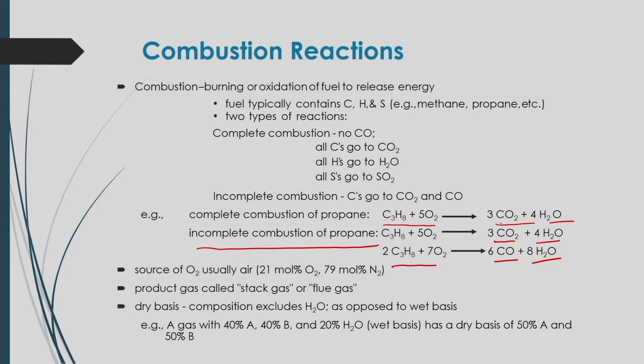So, a gas with 40% A, 40% B and 20% water will be called wet basis combustion flue gas, and if there is only 50% A and 50% B and no moisture, you can say it is a dry stack gas or dry flue gas. So, this is the basic concept of complete combustion and incomplete combustion, and these are the reactions you will see, based on which we will do some calculation as per the material balance equation.